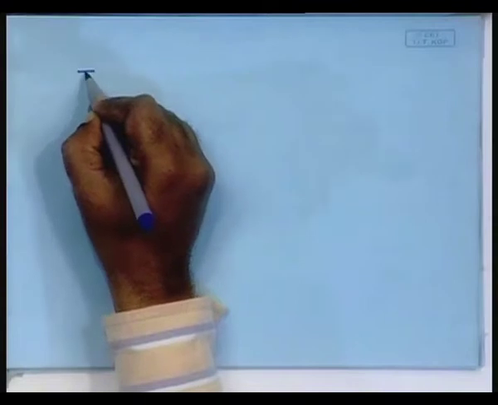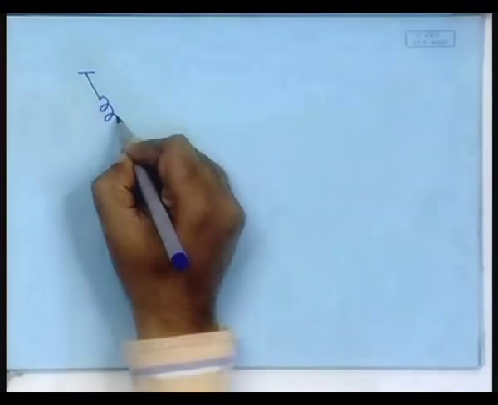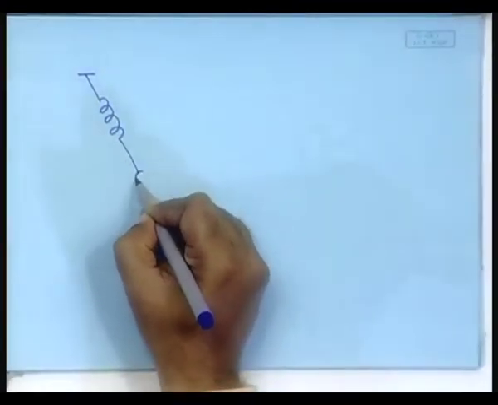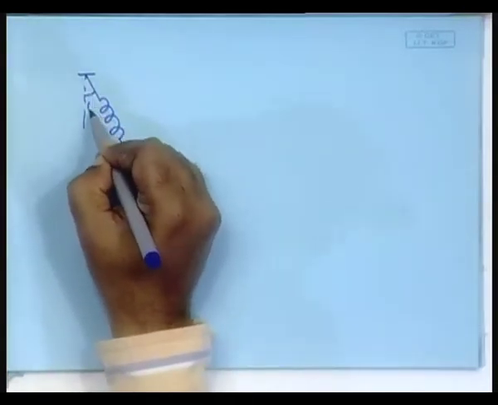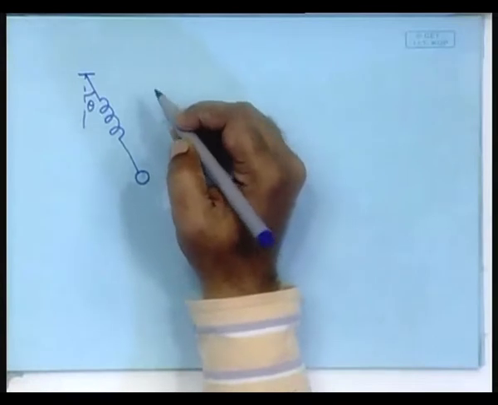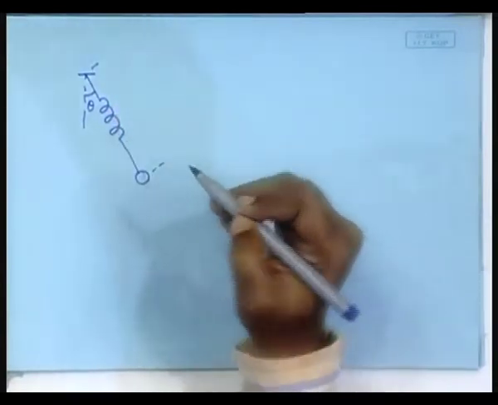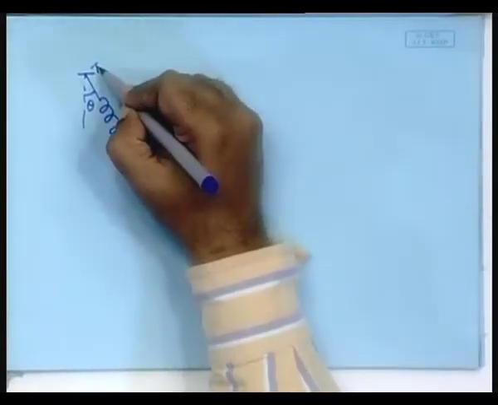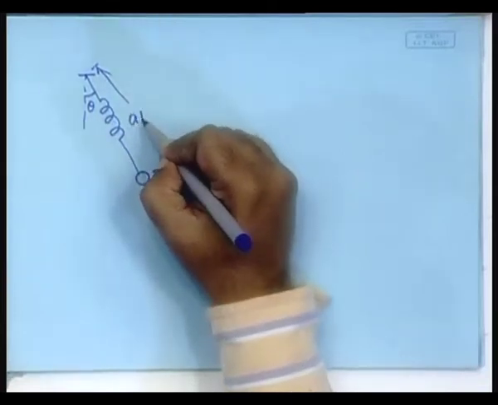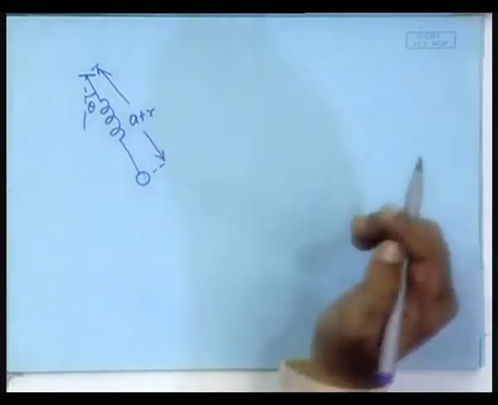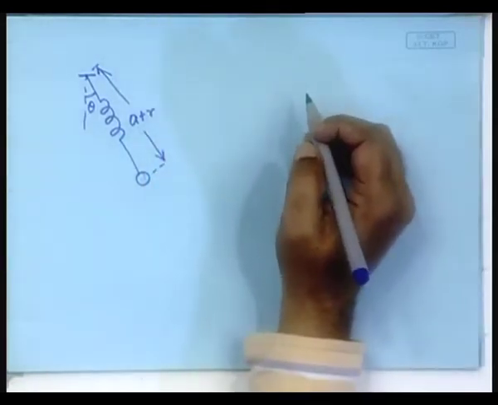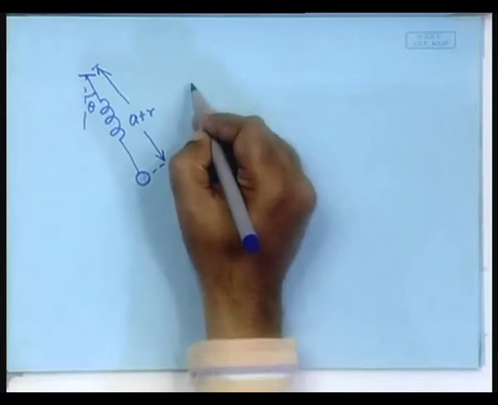The spring pendulum system was A plus R, where A was a constant and R is a variable, and in its terms we had already written the Lagrangian as this.